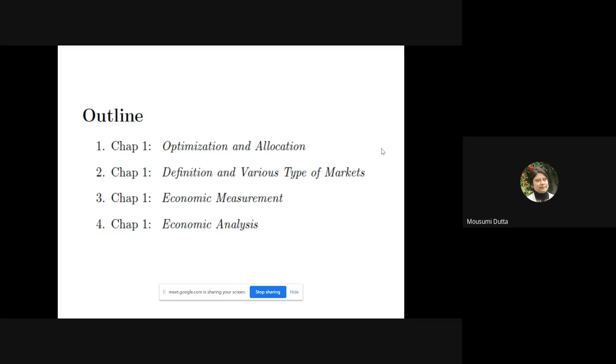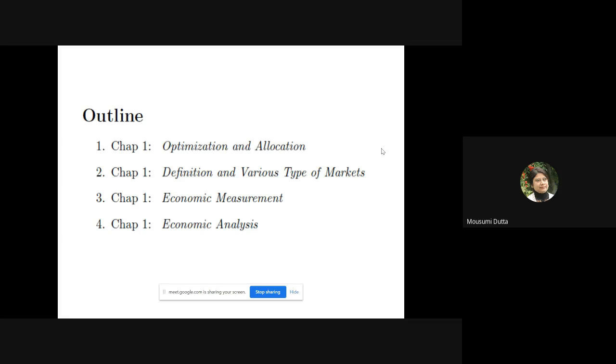Resources are scarce, limited. So in microeconomics, we have to put emphasis on how these limited resources can be optimally utilized. We need to learn what optimization is in the context of microeconomics, and how, using the optimization principle, we can allocate the limited resources in a fair way among all individuals.